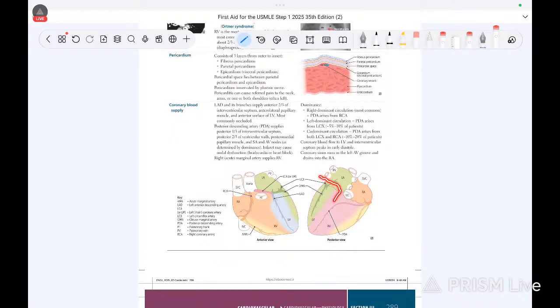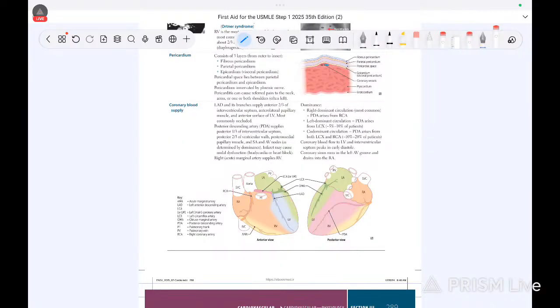The codominant circulation is the least likely to have severe MI symptoms or damage due to PDA or LCA occlusion.